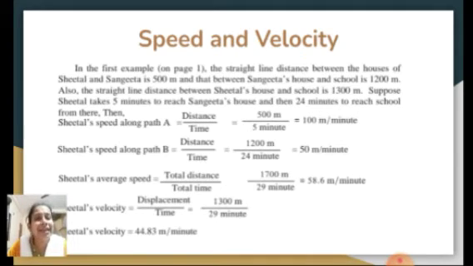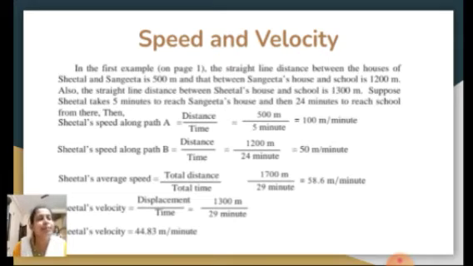How can we calculate the speed of Sheetal and the velocity of Sheetal? Fine. Now, if you see the first example on page number 1, the straight line distance between the houses of Sheetal and Sangeeta: from Sheetal to Sangeeta's house it is 500, and from Sangeeta's house to the school is 1200 meters.